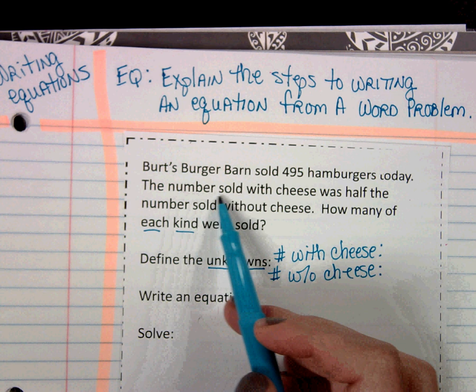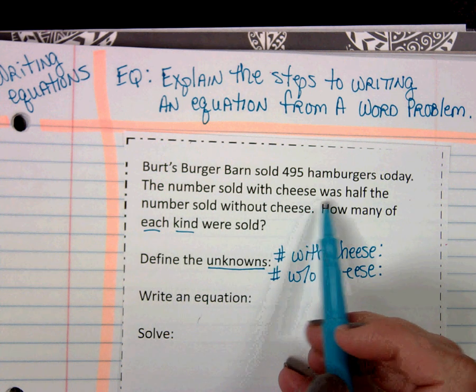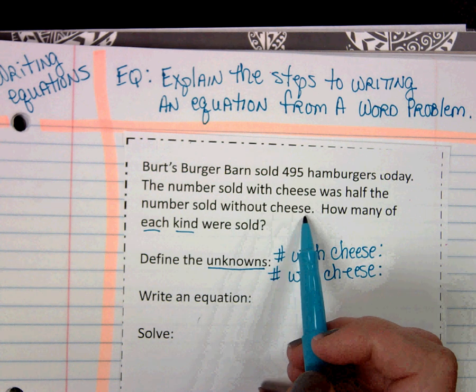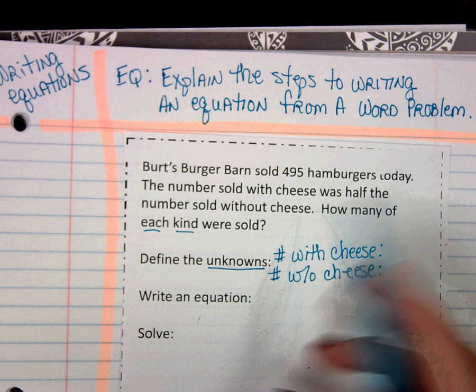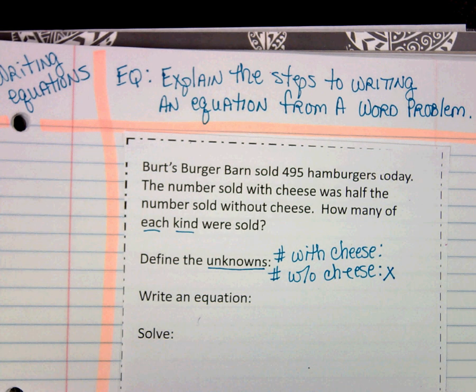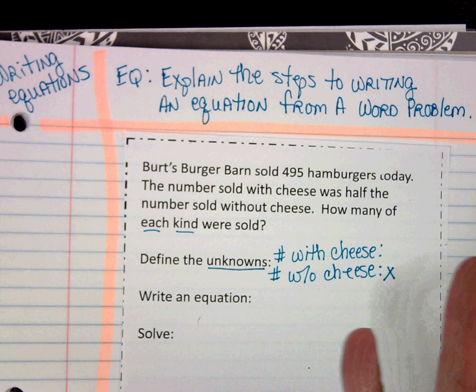It says that the number sold with cheese was half the number sold without cheese. So if I wanted to, I could call without cheese X. And when I define with cheese, we still have to define it with X because we haven't learned different variables yet.